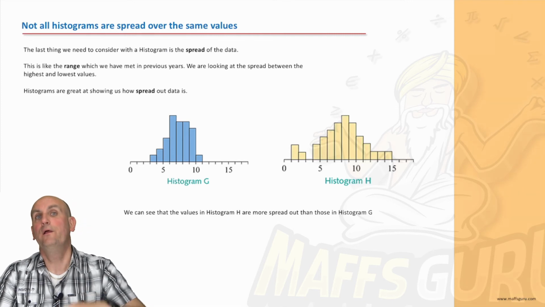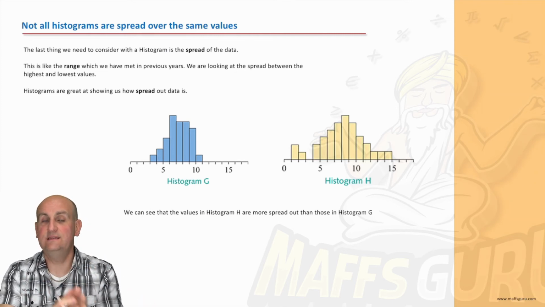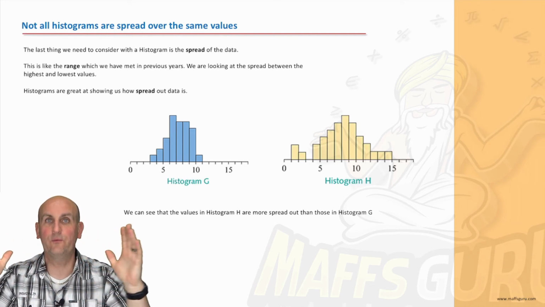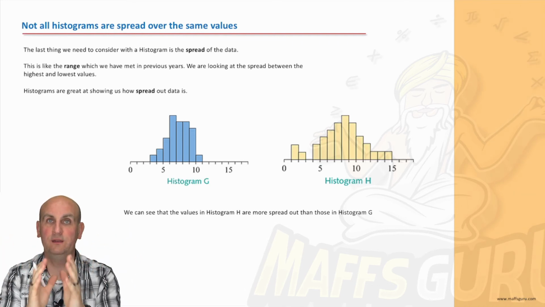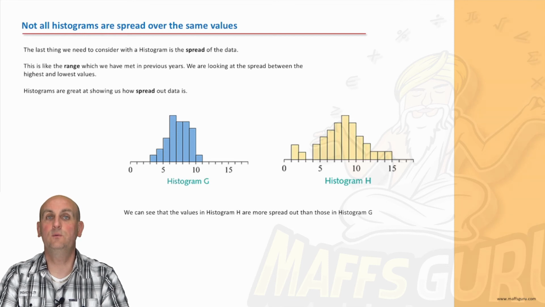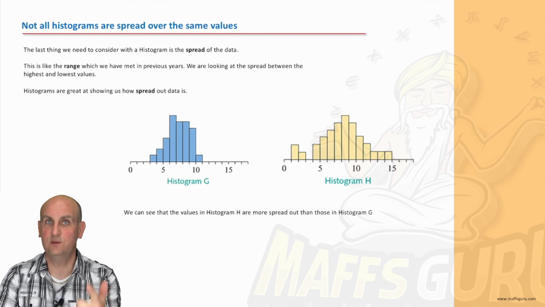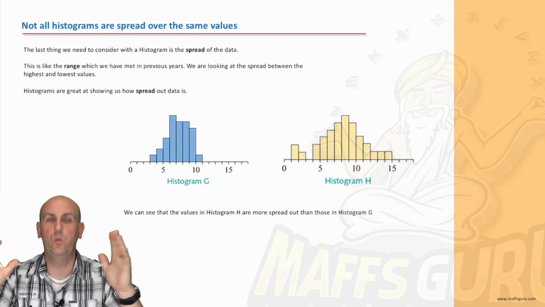And again, not only are they centered in different places, they are also spread out more or less than each other. So again, as I said, we were looking at shape, we're looking at center, so where roughly the center of our histogram is, but now we're looking at how wide or how spread out our data is.